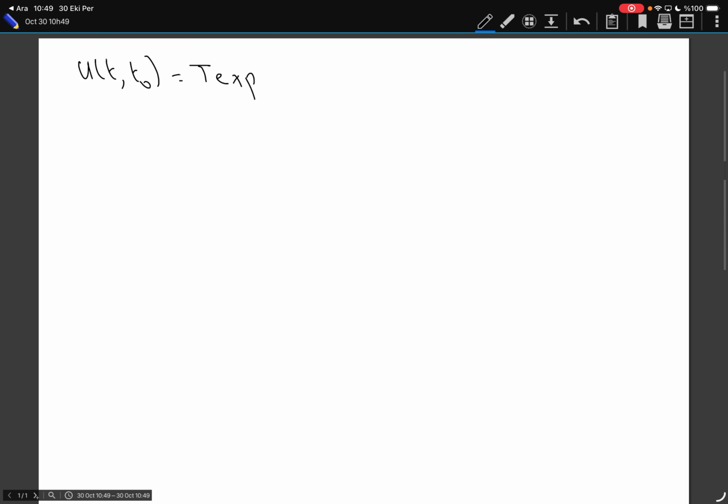Time-ordered exponent. Do you remember the definition of the time-ordered exponent? Well, the interaction picture operators depend on time. If you have the product of more than one operator, well, let me write this first.